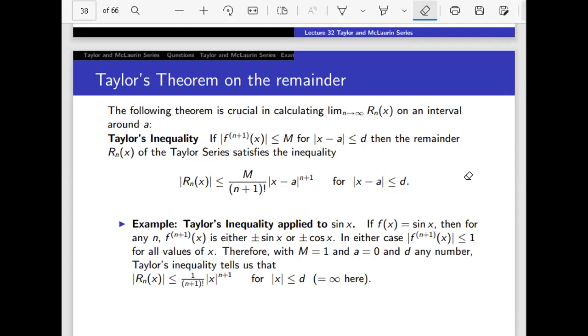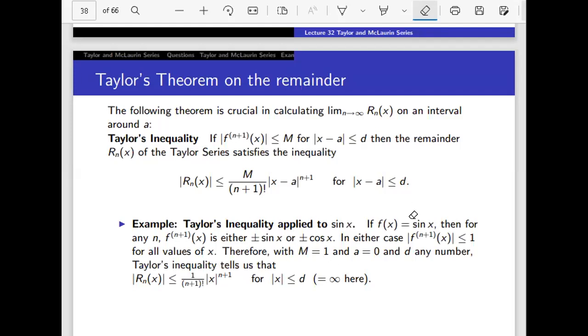When you differentiate negative sine, you again get negative cos. That means the n plus 1 derivative of sine would be one of these: either plus or minus sine of x, or positive or negative cos of x.